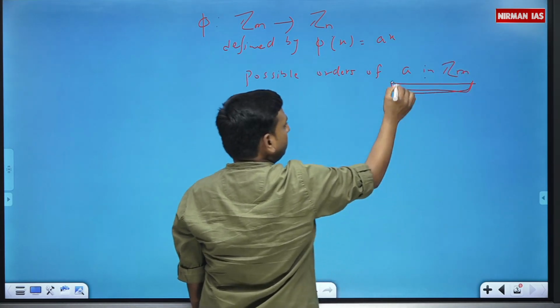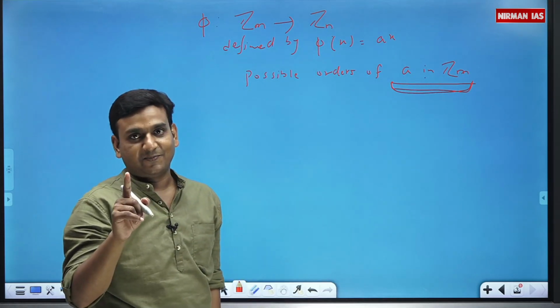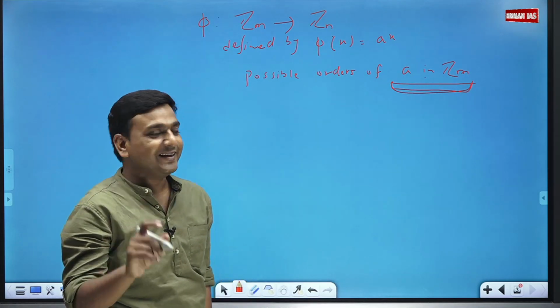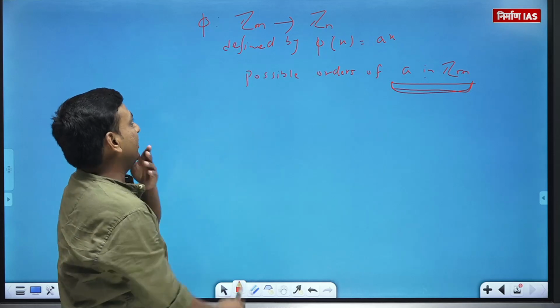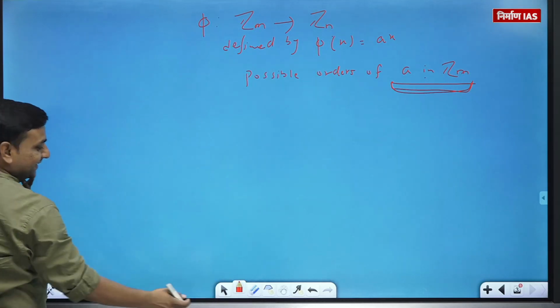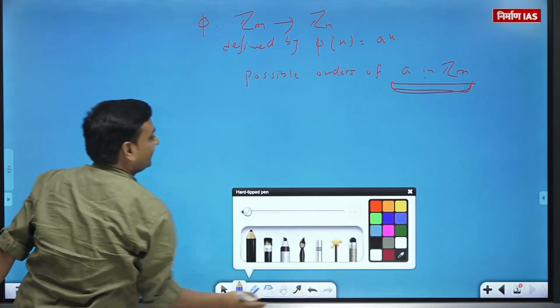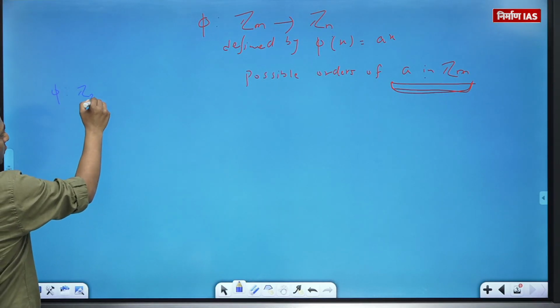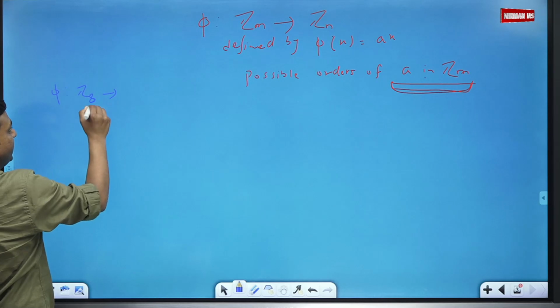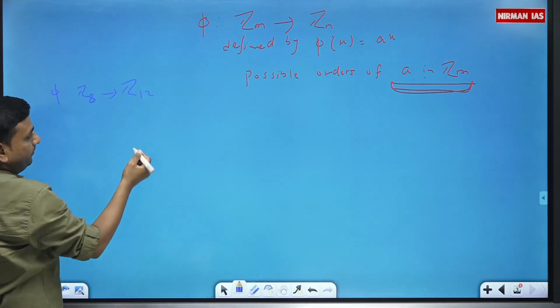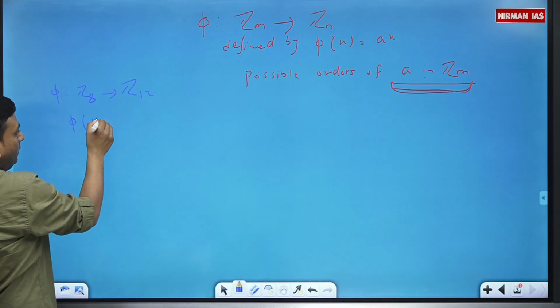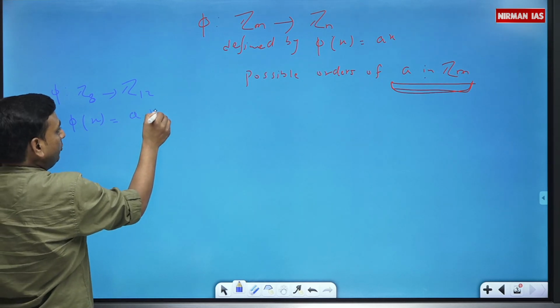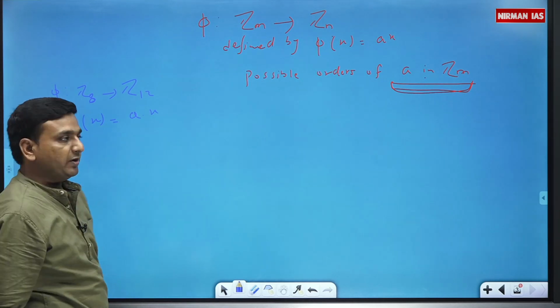Please note it down, I am saying. Try to find, for example, suppose that you want to know about Z8 to Z12. You want to know how many homomorphisms I can define from here.